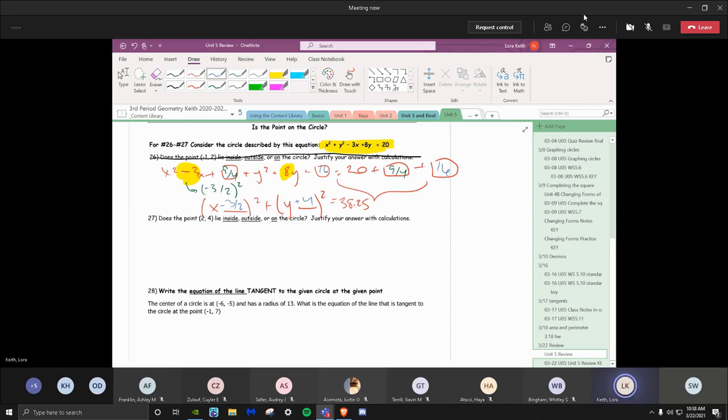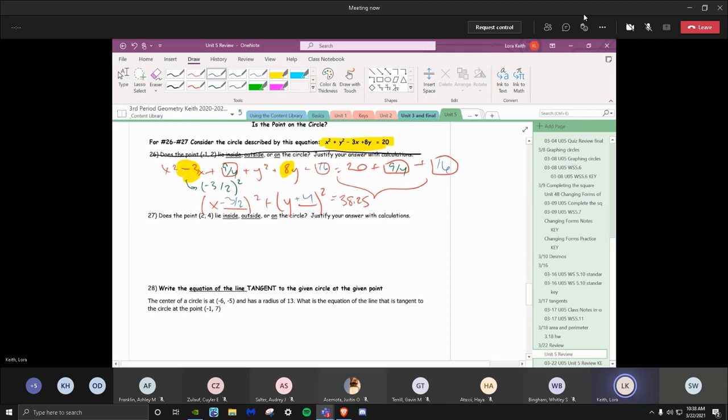Okay, so what is my center? Yeah, so we get 3/2 and -4. And then my radius is going to be the square root of 38.25. And the point that we're looking at is 2, 4.